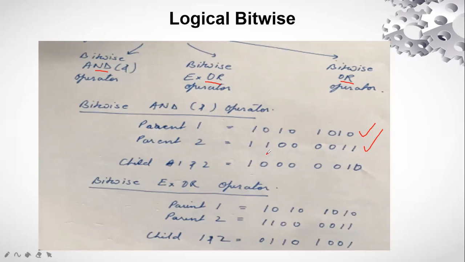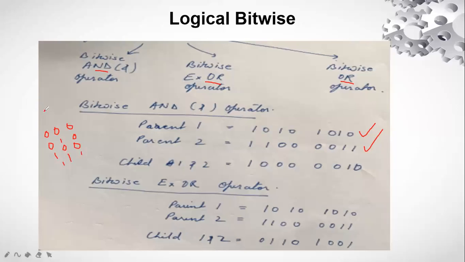Why this? Because in the AND table, if you remember, if I have 0, 0, I'll get 0. If I have 0, 1, I'll get 0. If I have 1, 0, I'll get 0. And if both are 1, only then am I going to get 1.